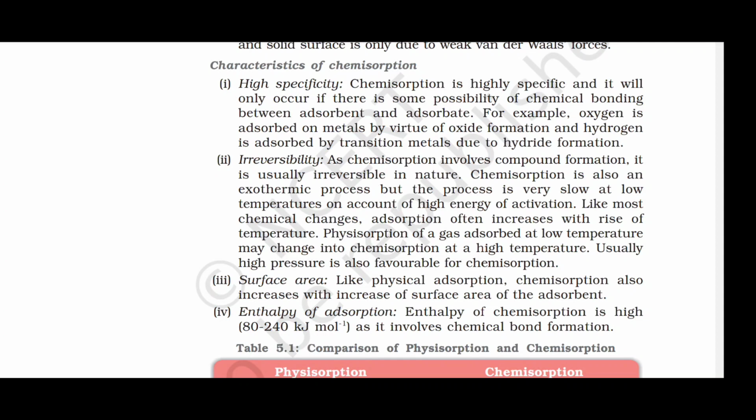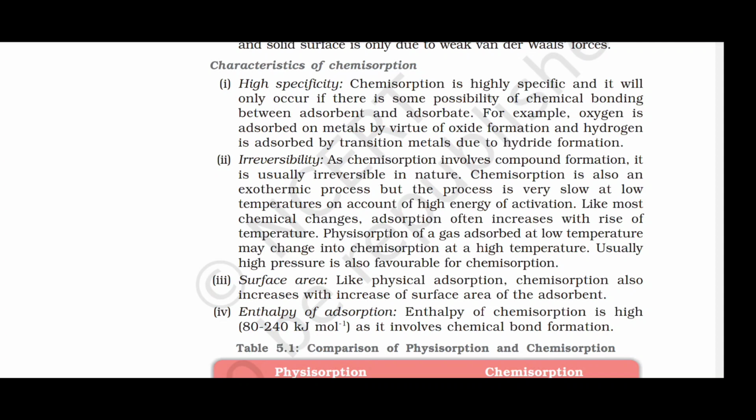Chemisorption is also an exothermic process, but the process is very slow at low temperatures on account of high energy of activation. Like most chemical changes, adsorption often increases with the rise of temperature. Physisorption of a gas adsorbed at low temperature may change into chemisorption at a higher temperature.